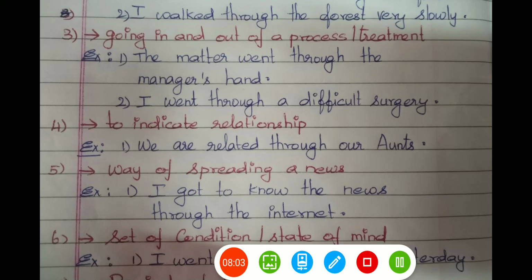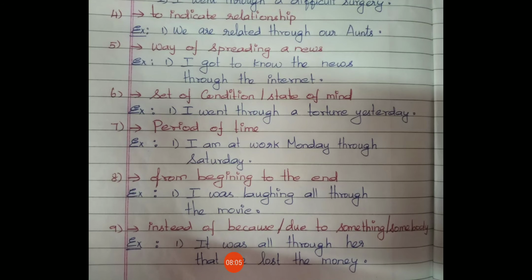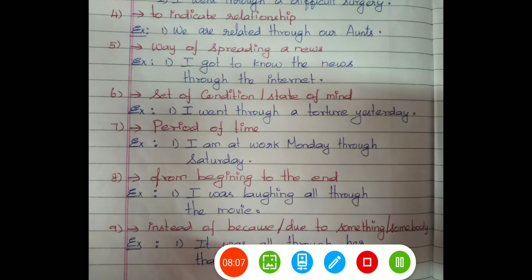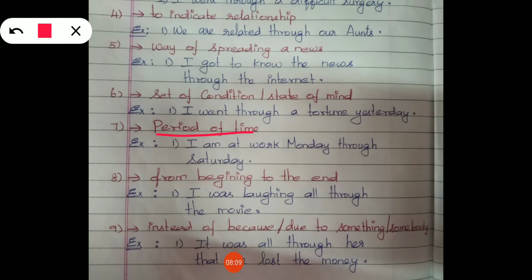Okay, so the other place where we can use through is to indicate a period of time. I am at work Monday through Saturday. So usually what do we use here? When we speak, we'll be using from Monday to Saturday.